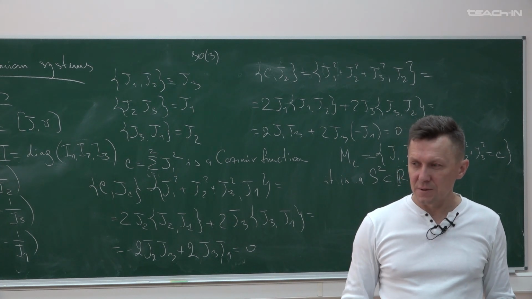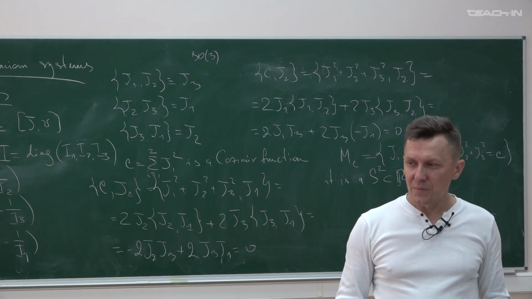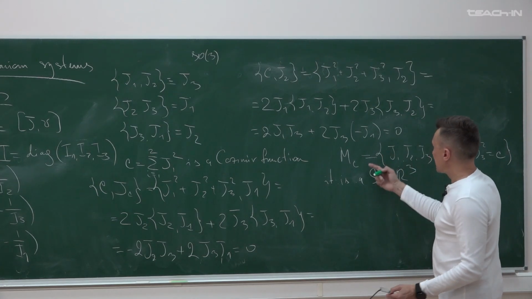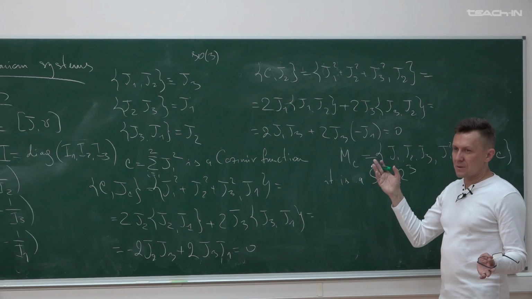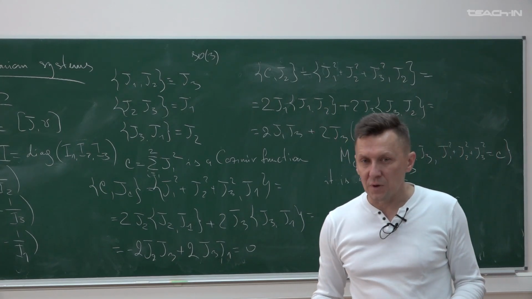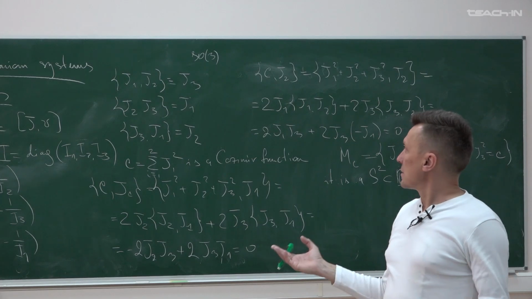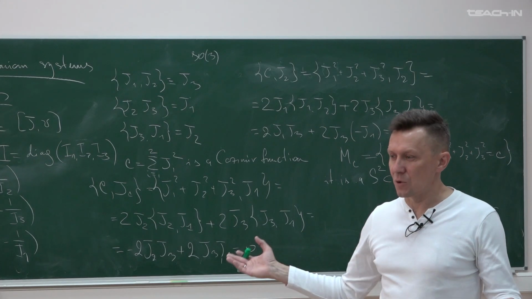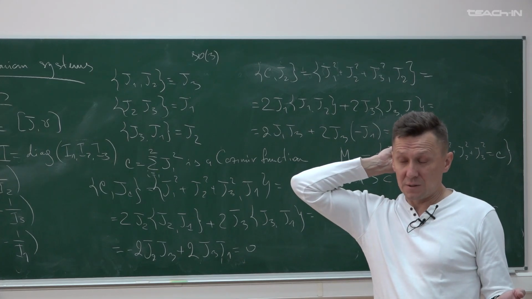Do you understand this? Okay, so if it is degenerate, then it is trivial. But we know that there are non-trivial Poisson brackets between functions. So it means that this level set is a non-trivial symplectic variety.